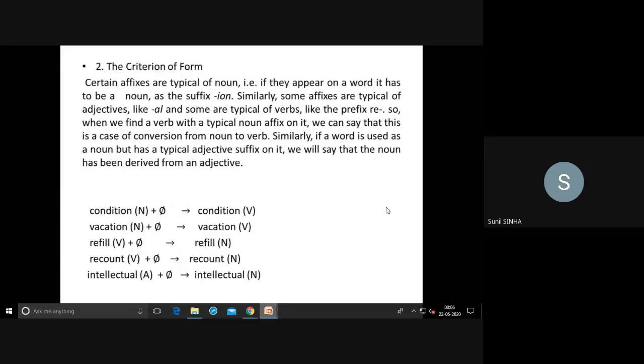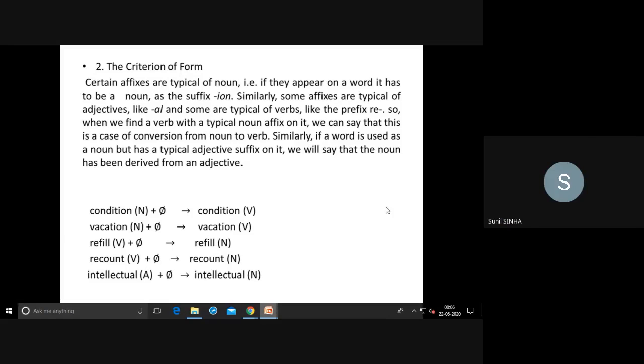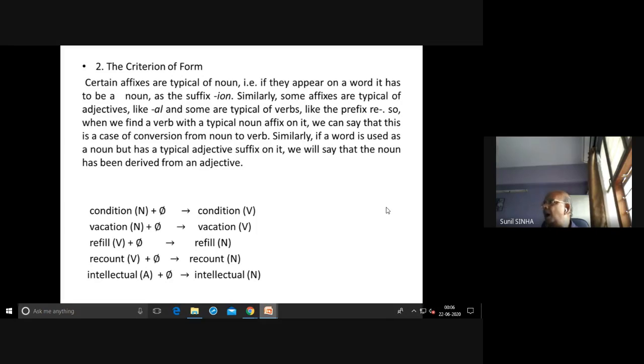RE is a prefix which can be added only to a verb. All right? RE, listen to me once again. RE is a prefix which can be added only to a verb, like rewrite.